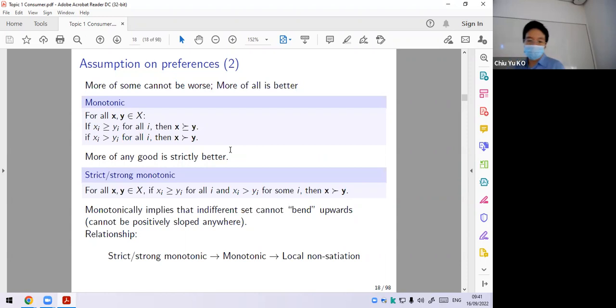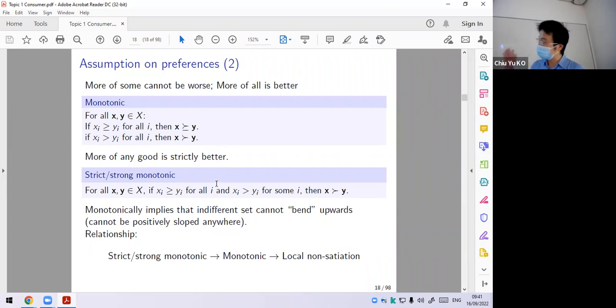Which means that the commodities we're talking about are goods, right? More cannot be worse off, and strictly more is actually strictly better off. Okay, so these are two versions, and more often than not, we rely on the strongest version in most cases, right? So it's not a big deal. It just means the north-east direction is always better, right?